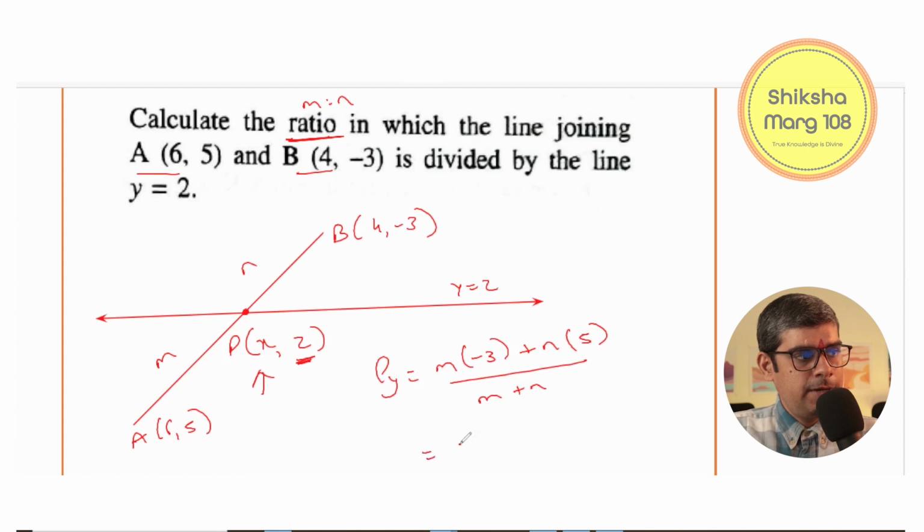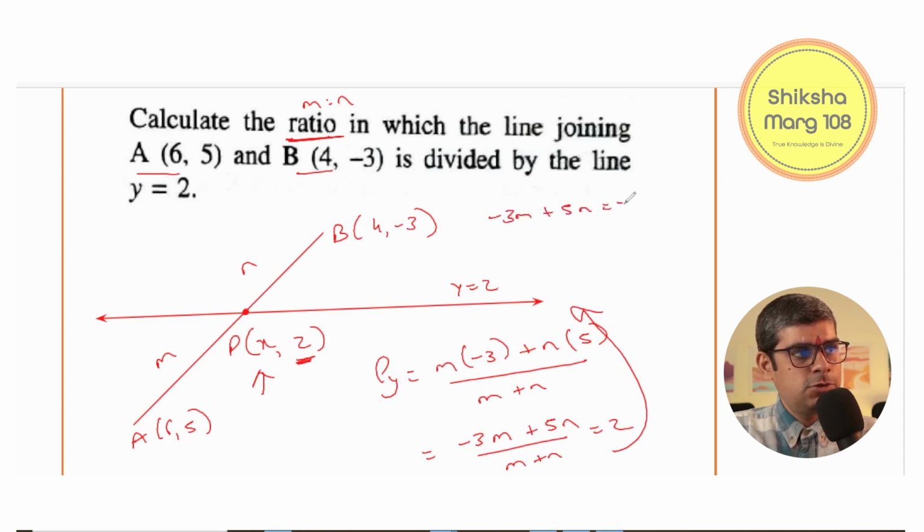This is going to be minus 3m plus 5n over m plus n, and py is given to us as 2. So let's just use that bit. So I'm going to solve this over here now. It's going to be minus 3m plus 5n equals twice m plus twice n.